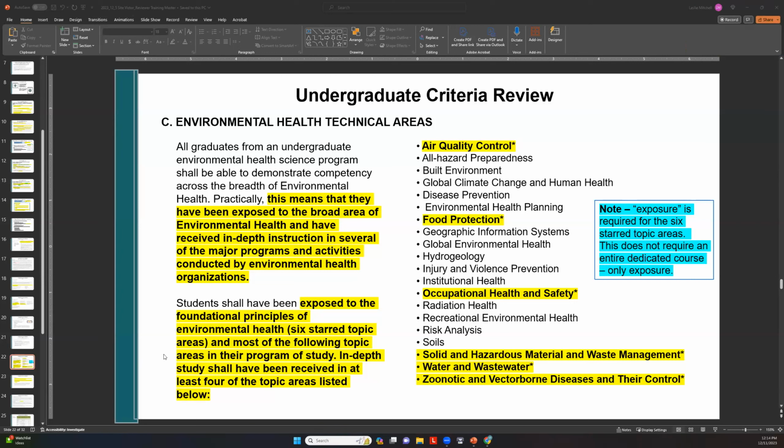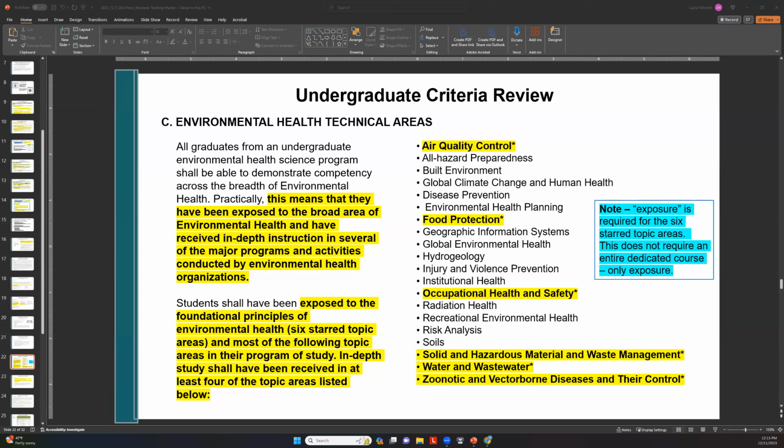Yeah, exactly. So any questions on this technical area slide? And just for clarity, the 4 in-depth areas could include the starred areas. Correct. But they could include the non-starred areas too. Correct.